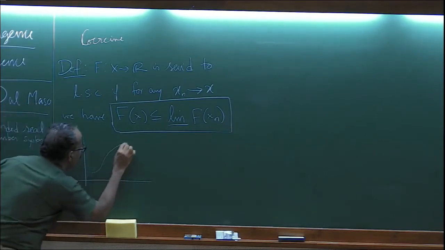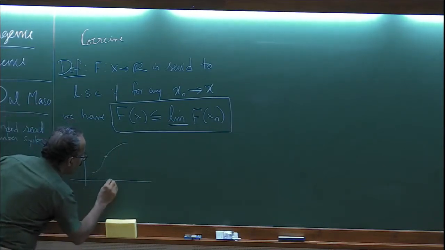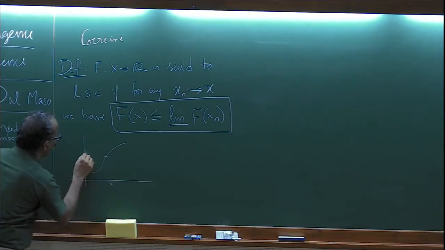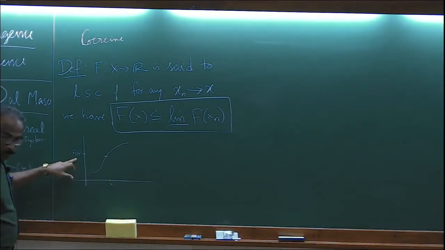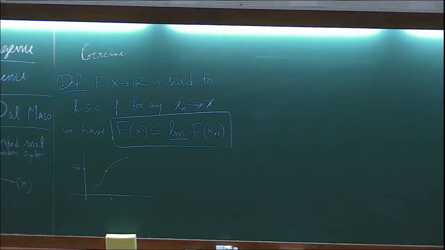If you have a point here, you have your output of the function. Continuity actually tells you: I want to measure my output with a certain prescribed error.